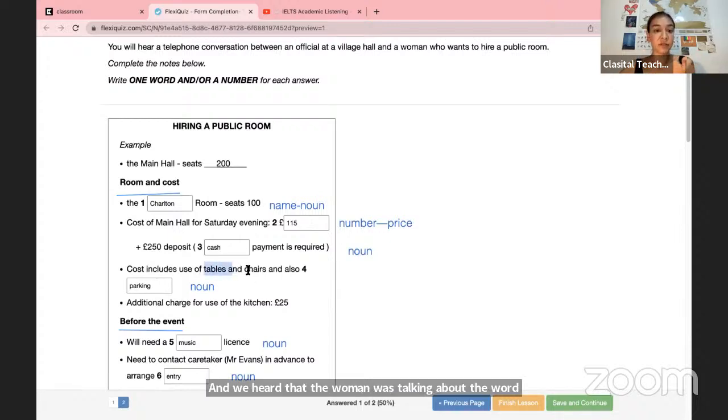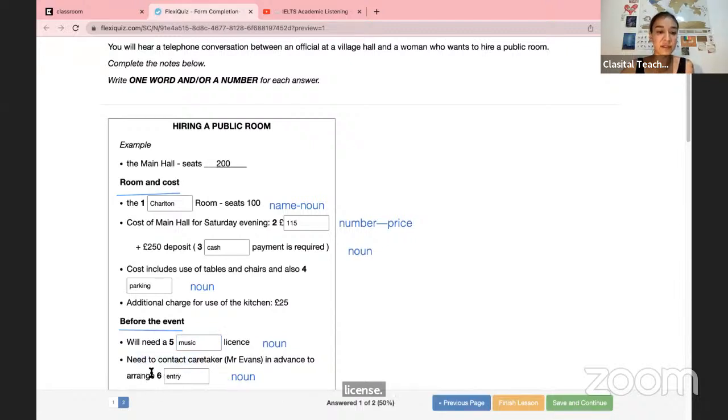It says tables are included, chairs are included. Then the man said parking is included too. Parking is a noun. We were right. And he said, before the event, you will need a music license and need to arrange entry in advance, before you come to the event.